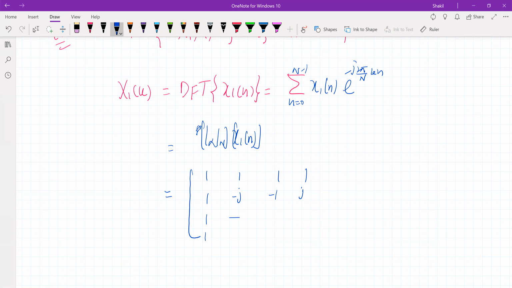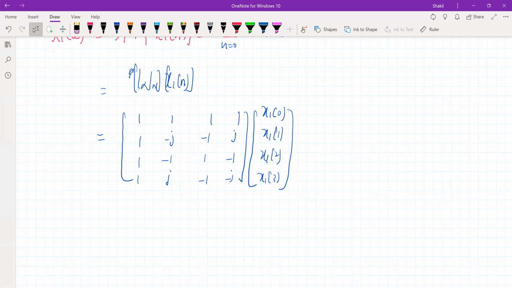Please check it. Then 1, minus 1, 1, minus 1, and 1, j, minus 1, minus j. Then we'll arrange x1 of n as x1(0), x1(1), x1(2), and x1(3). So this is how we arrange the terms.